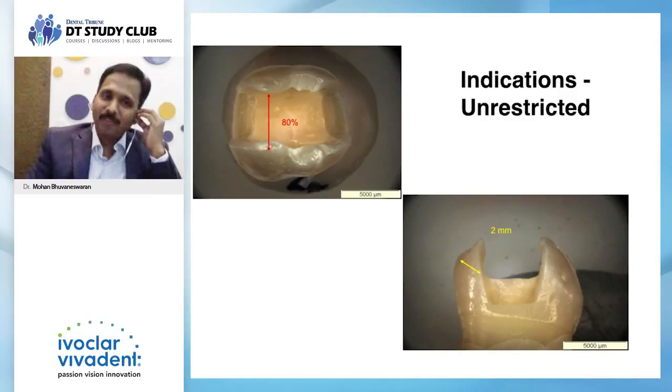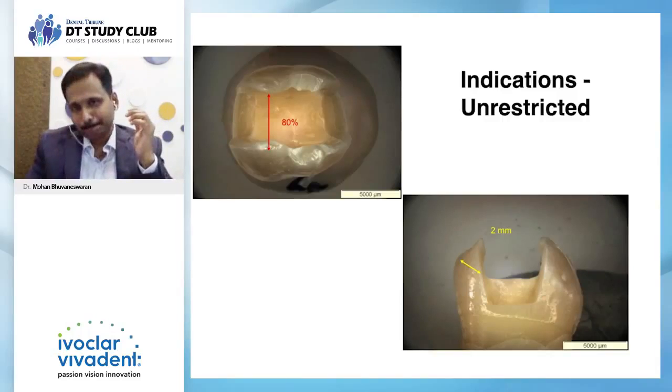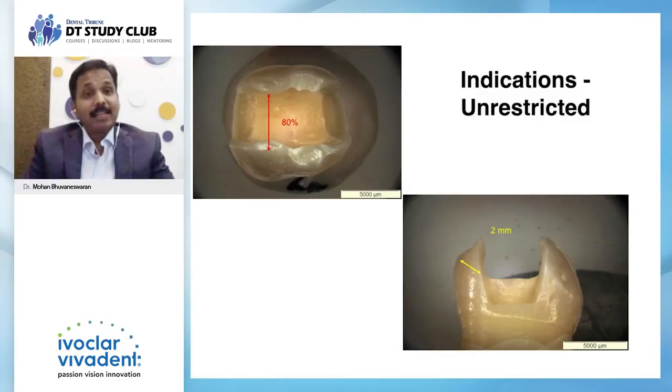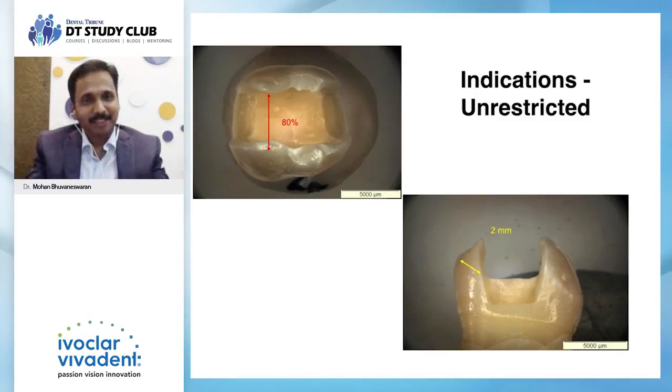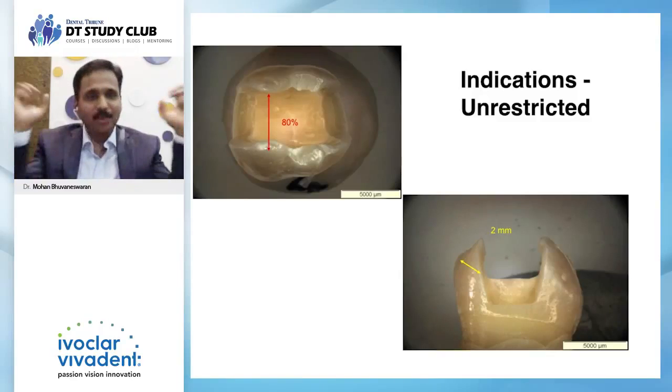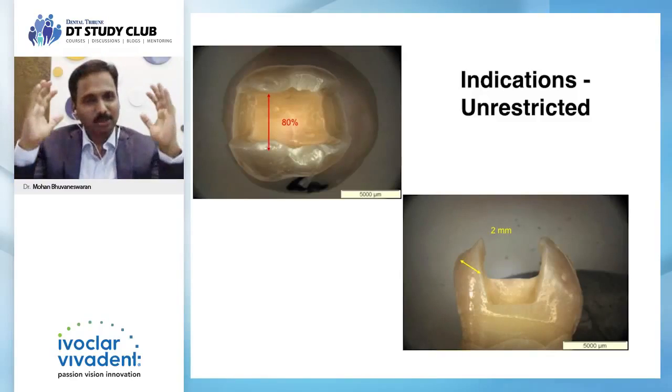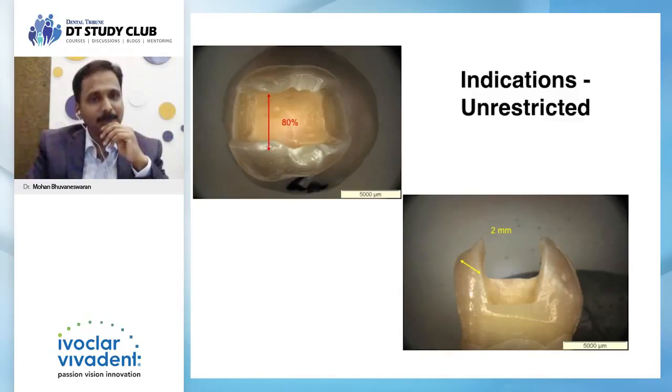Resistance form, if you remember the definition I gave, is the form and shape of the cavity which best enables the tooth and the restorative material to withstand the occlusal forces without breaking. That means it's not just that you have a strong material, your tooth should also be strong enough to support it.